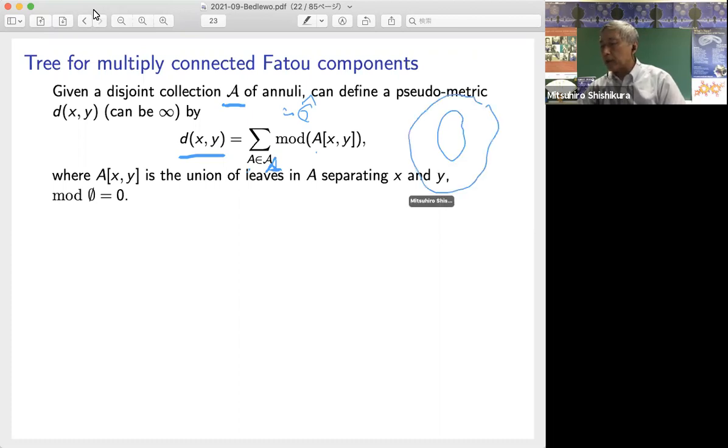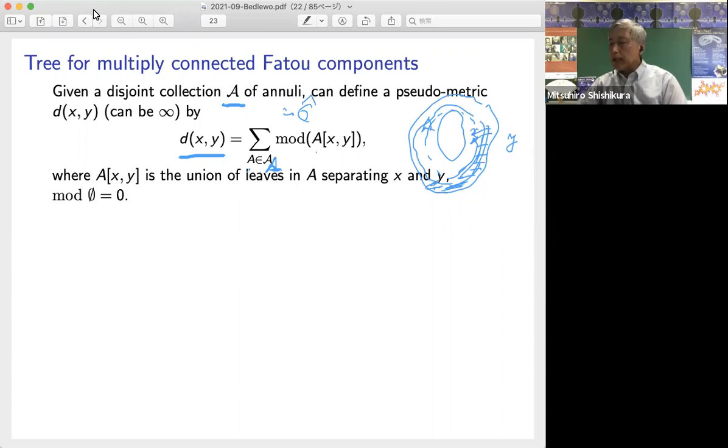So suppose this is an annulus A, and x is in here, and y is here. Then you consider all the leaves or circles that separate x and y. That gives you a partial annulus or maybe the empty set.